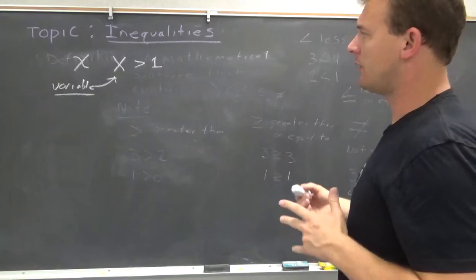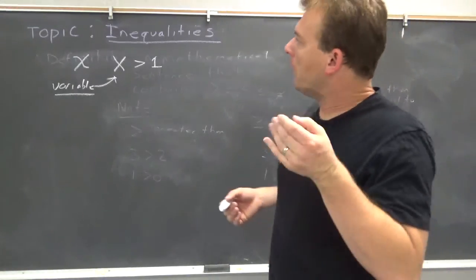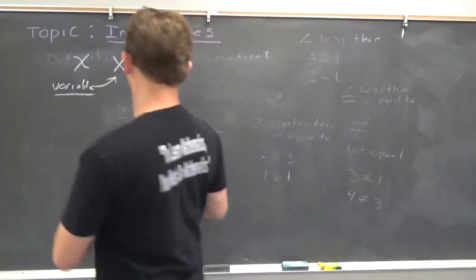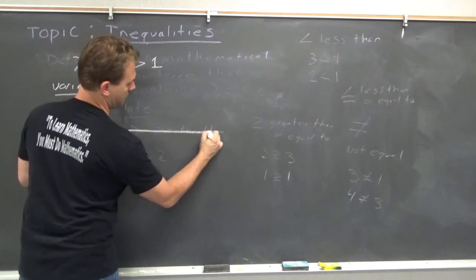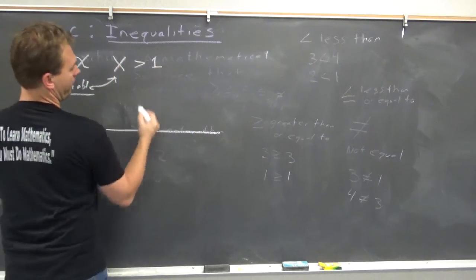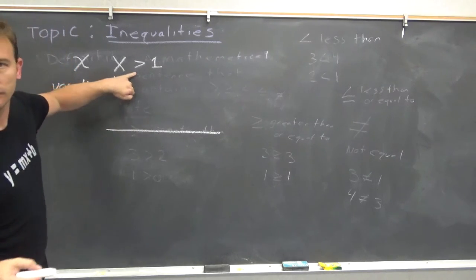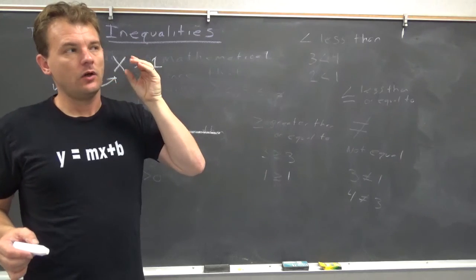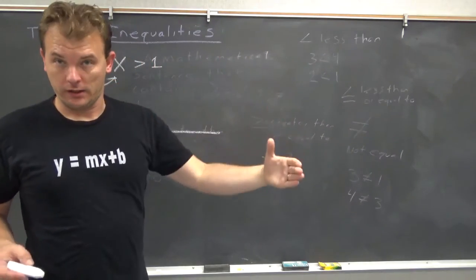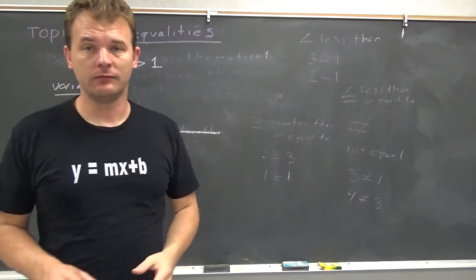So anyway, what does this mean? Well, you're saying that on a line, and by the way, this is not equal to, it's something that's greater than 1. So what's greater than 1? You might ask.